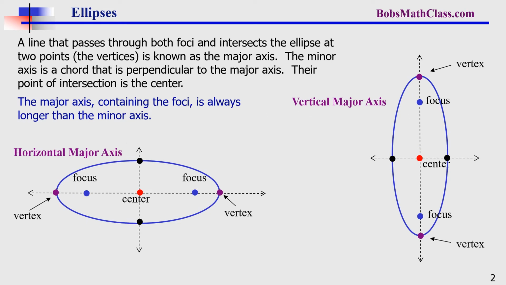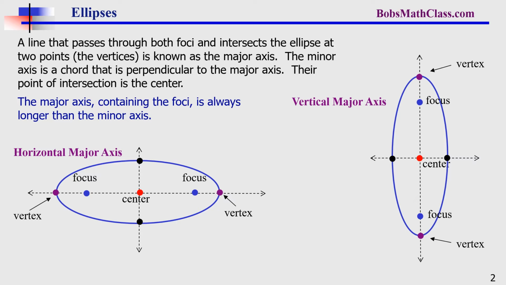So a line that passes through both foci and intersects the ellipse at the 2 points, called the vertices, is known as the major axis. Okay, so the foci are on the major axis. You can look at our two diagrams here.